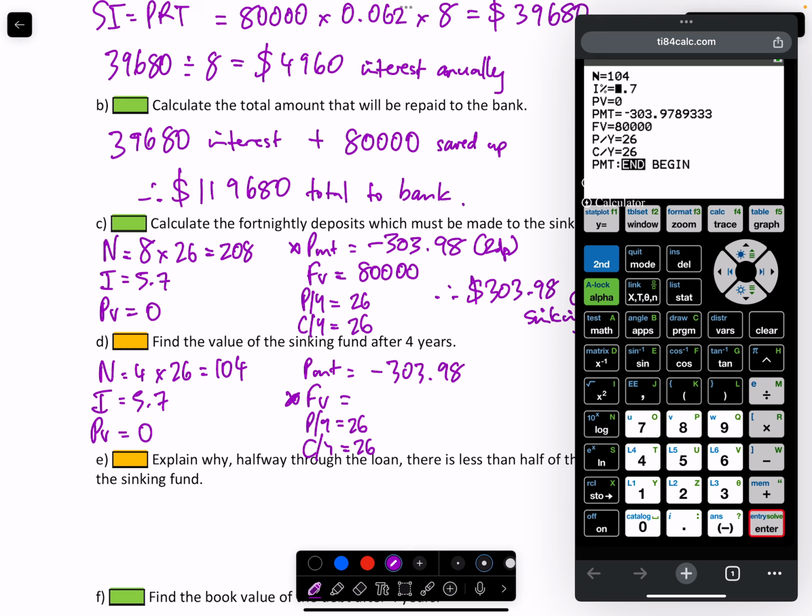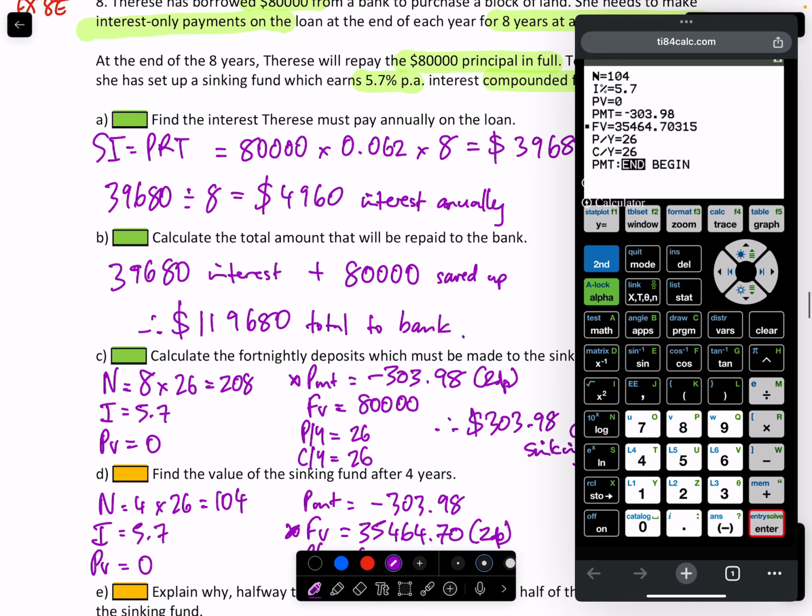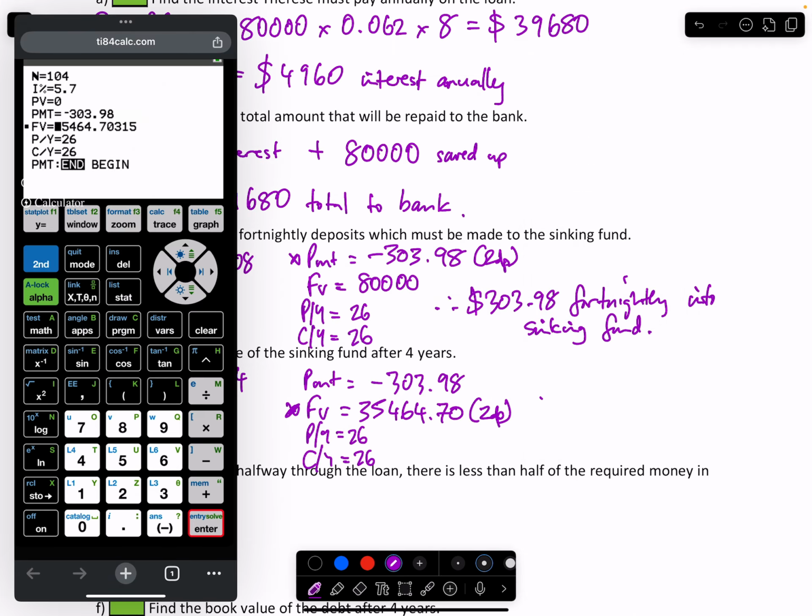It is 104. Make sure that I'm actually using the payments that I said I will use, 303.98, not unrounded. So alpha, enter. That tells me 35464.70 to 2 decimal points. Therefore, sinking fund is at $35,464.70 after 4 years.